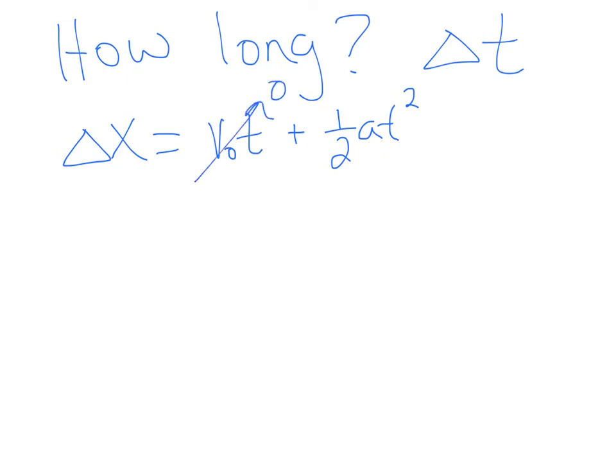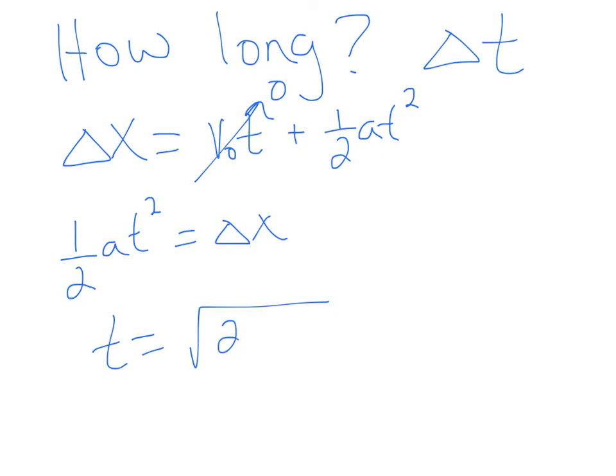So this is simply 0. So we can say that 1/2 at squared is equal to the displacement. And then when we solve for t, we get the square root of 2 delta x all over a. Now keep in mind that a is inside of the square root in the denominator.